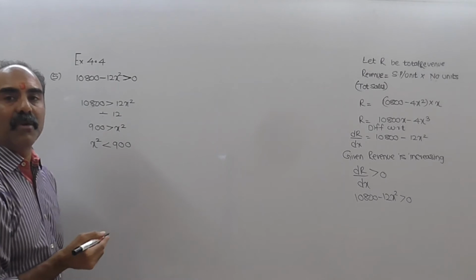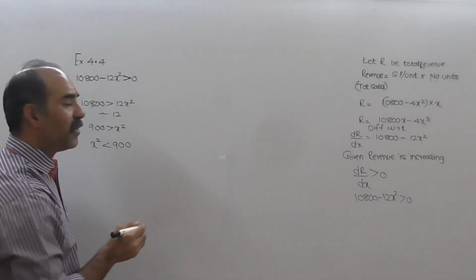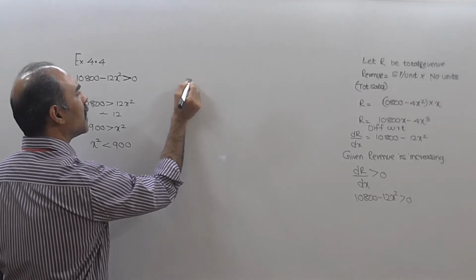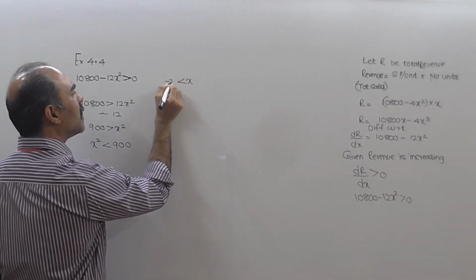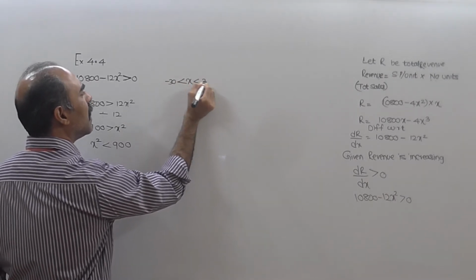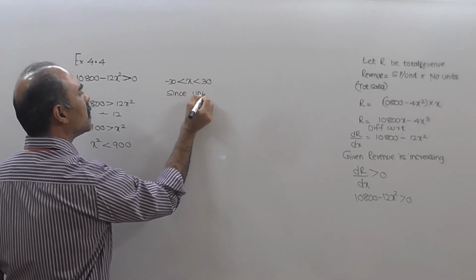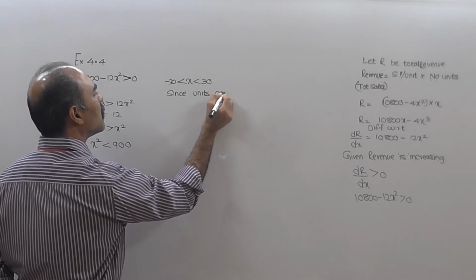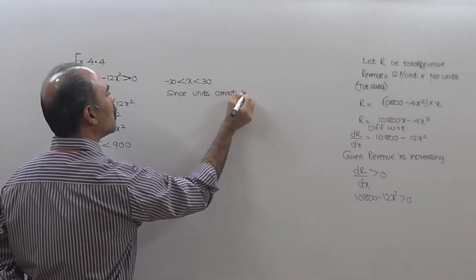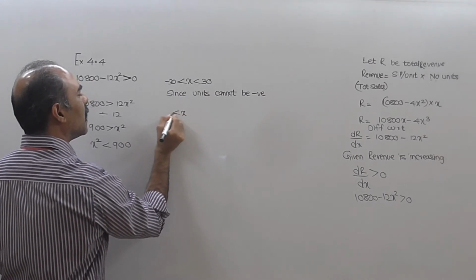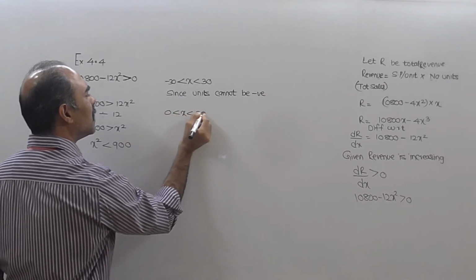So what will be the value of x here? I think the value of x will be plus or minus 30. So x will be greater than minus 30 and less than 30, but since the units cannot be negative, x will be greater than 0, less than 30.